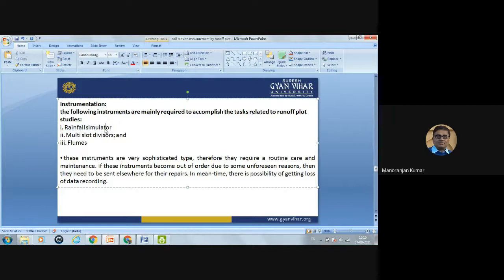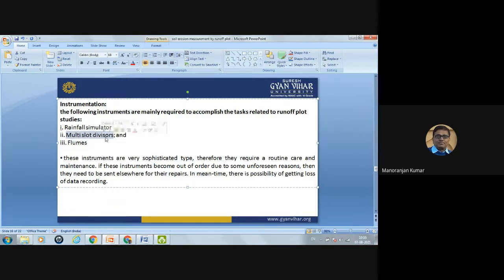One device is the rainfall simulator. Second is the multi-slot divider. This is the instrument which is constructed near the collecting unit, and this multi-slot divisor is used to calculate the soil loss, how much soil is lost from that plot. Similarly, flumes are also there.